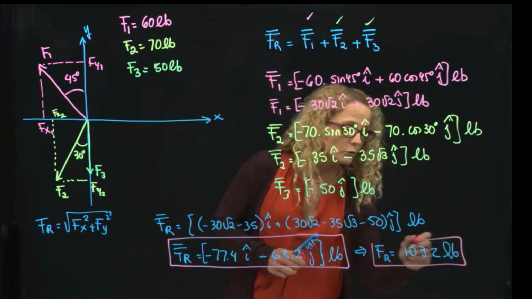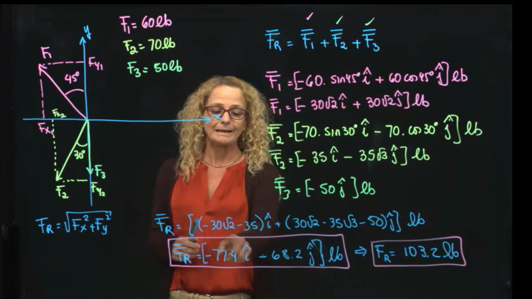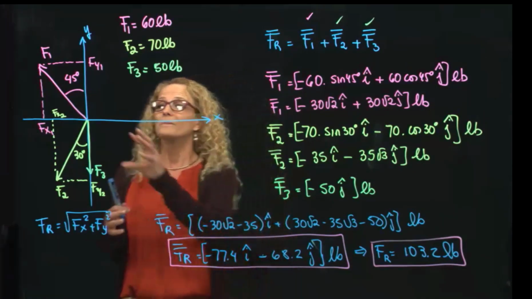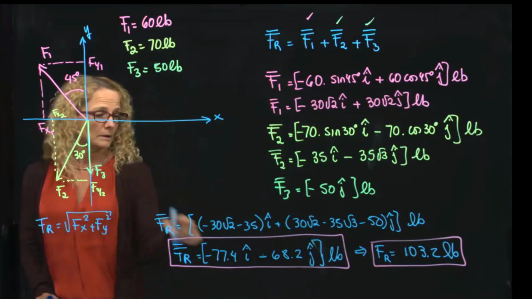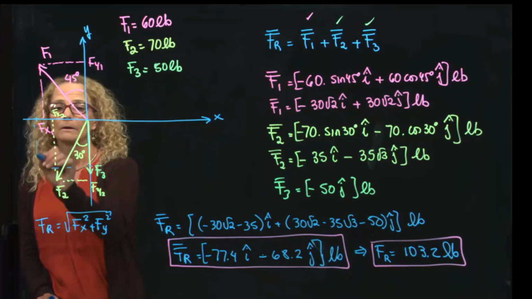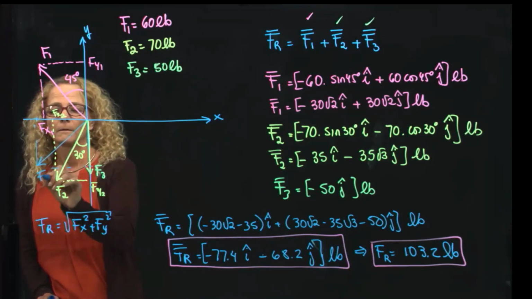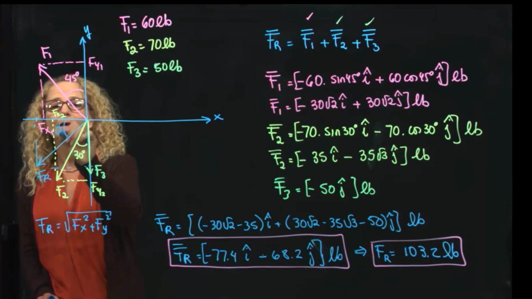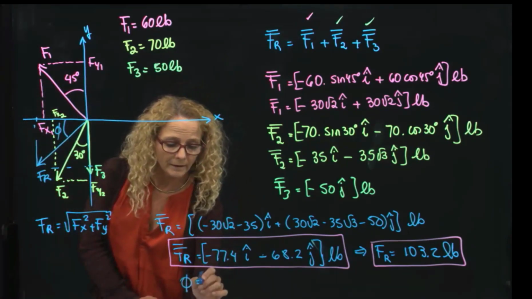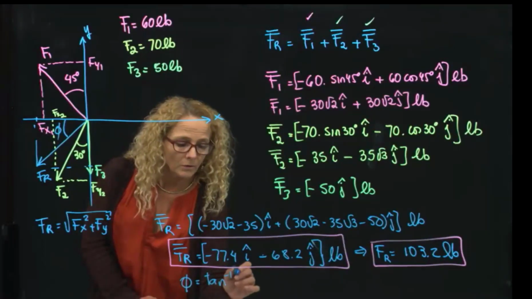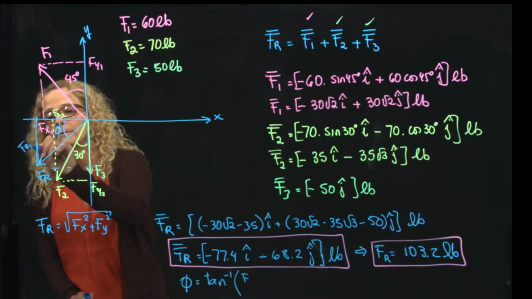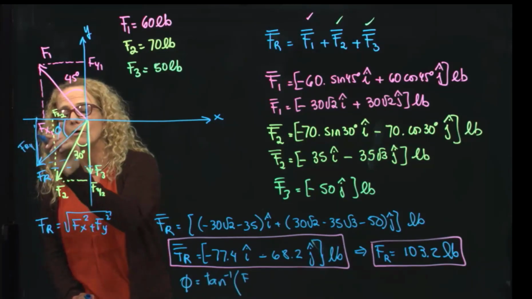Now, to find the direction, I see that this is negative and this is negative. So my resultant force will be in the third quadrant, somewhere around here. So I am able to find this angle right here. This angle will be the tangent of Fy over Fx.